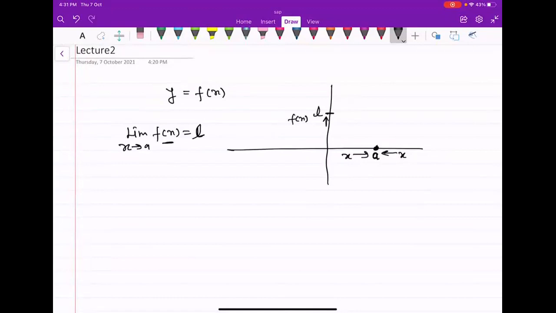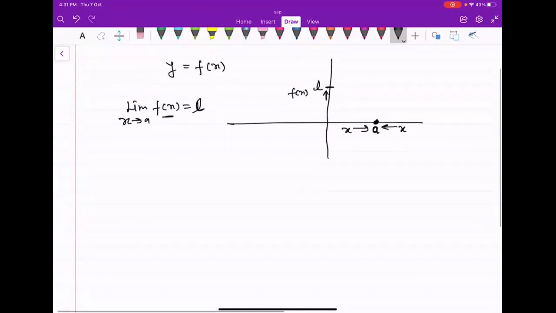On the same basis, we can define limit when the function is of two variables or more than two variables. So I'm writing for a function of two variables.